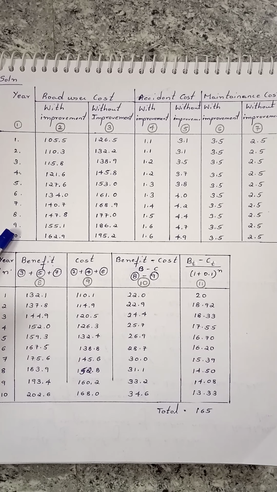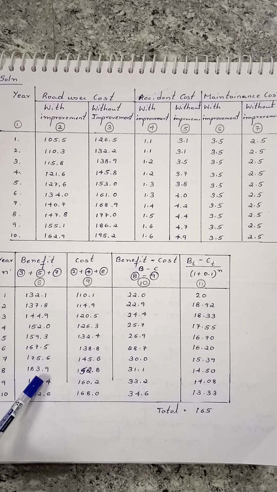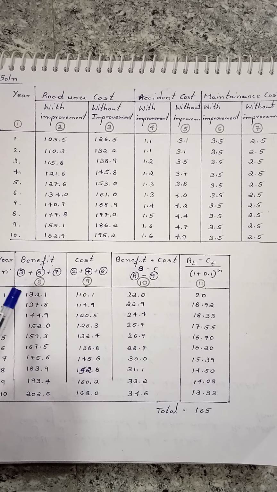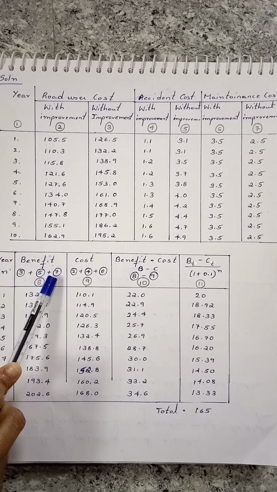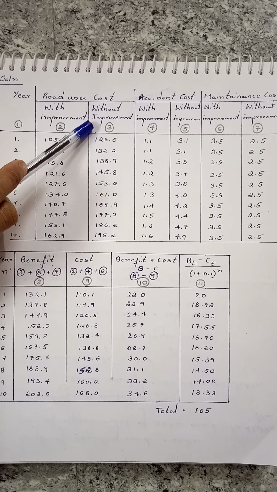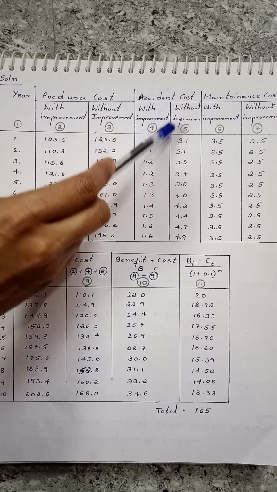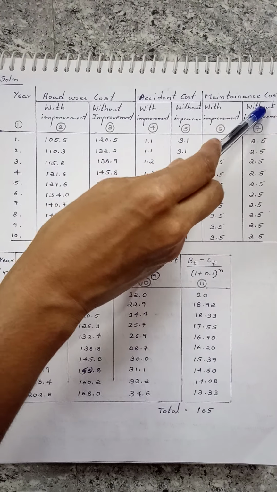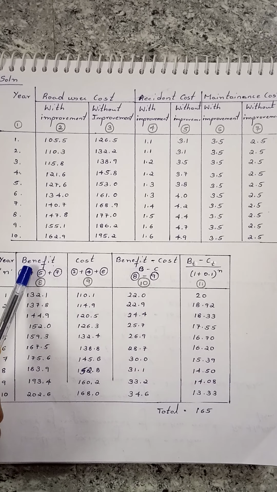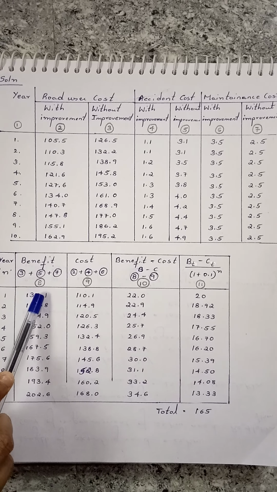After numbering it in the form of a tabular column, I have created another tabular column for simplification, that is nothing but years, that is n. So I have calculated benefit. The benefit is nothing but 3 plus 5 plus 7, which is road user cost without improvement, accident cost without improvement, and maintenance cost without improvement. The addition of these three will give you benefits, that is numbered as 8.